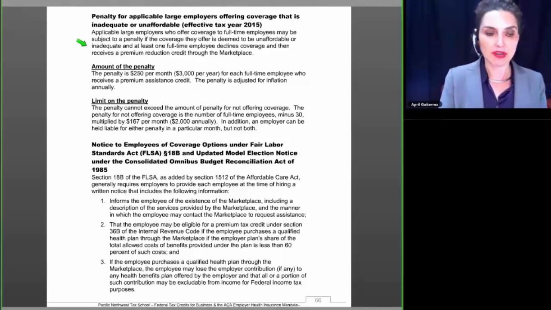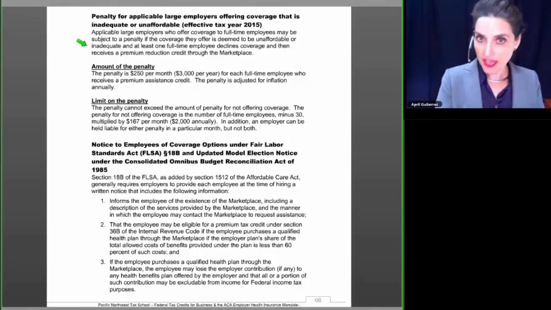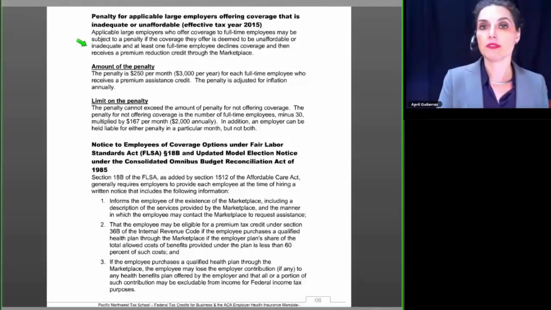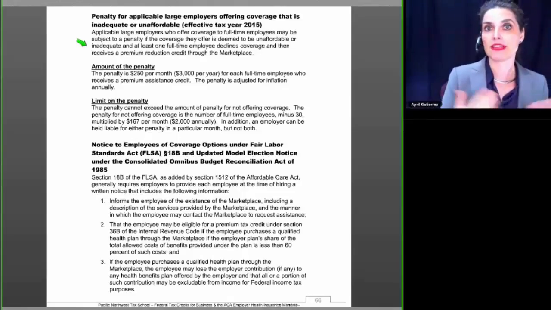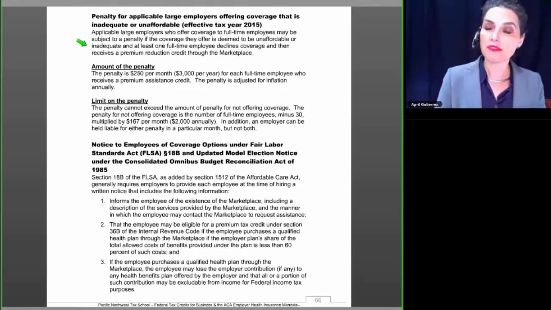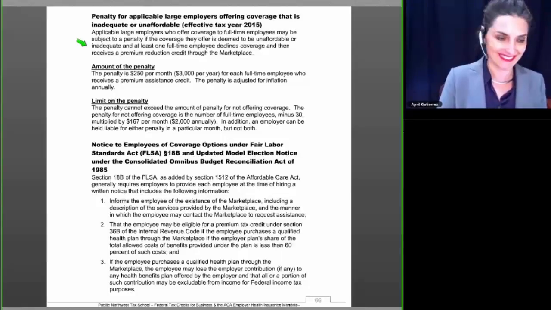So that's a lot of what ifs. The coverage has to cost too much, or it must be inadequate, and then the employee goes to the marketplace and purchases health insurance through the marketplace and also claims a premium reduction credit at the time they purchase it on the marketplace. If all of those things happen simultaneously, then the employer can be subjected to a penalty.